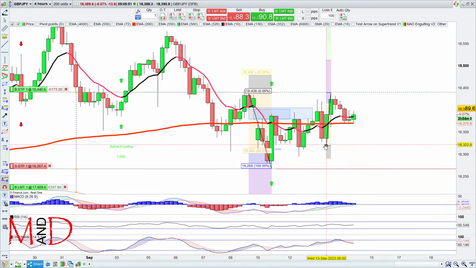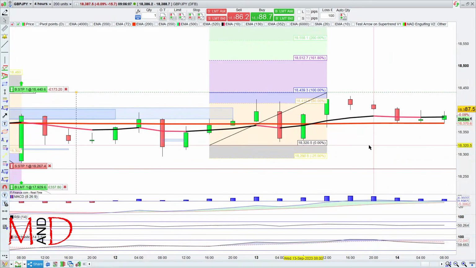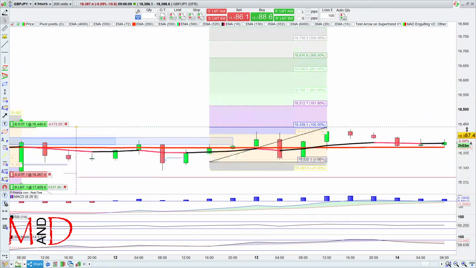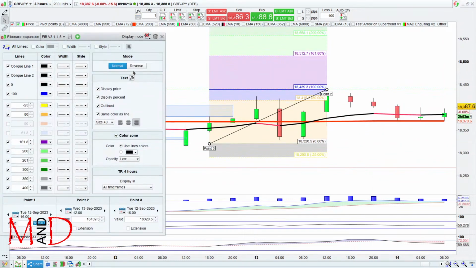Let me go to that, and we'll change that so that it's, oh, I don't want to do that. What am I doing? Let me zoom in. Opacity very low. There we go.